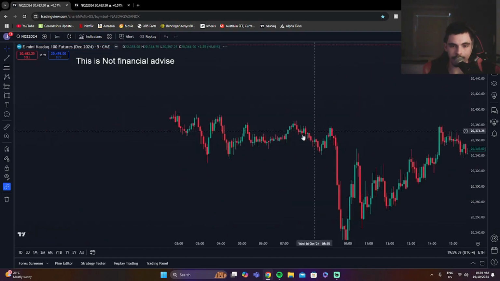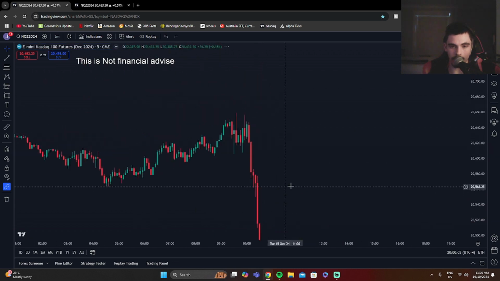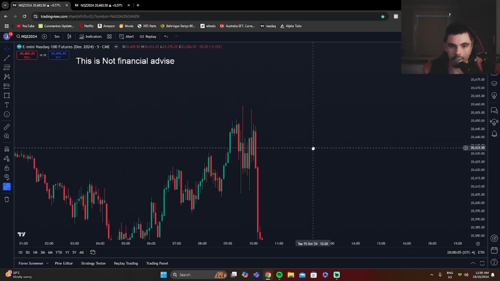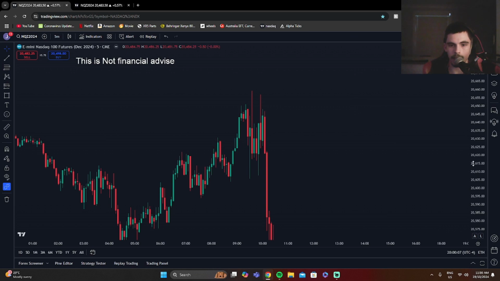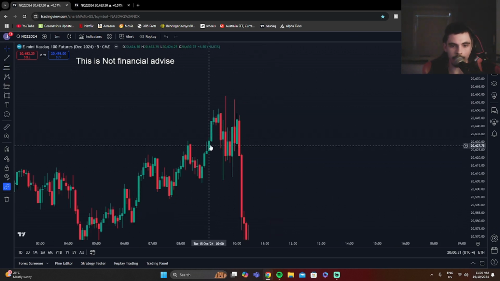Now I had a very nice long setup form. Okay. So we had the 5-minute gaps violated, right? Which is short. But I wasn't convinced because it was 9:30 opening bell.